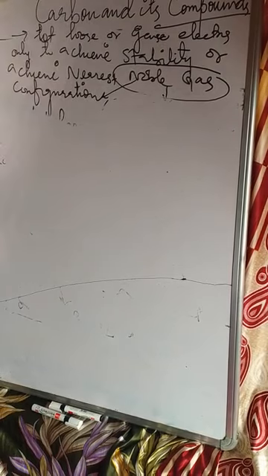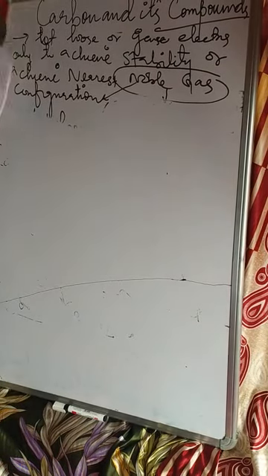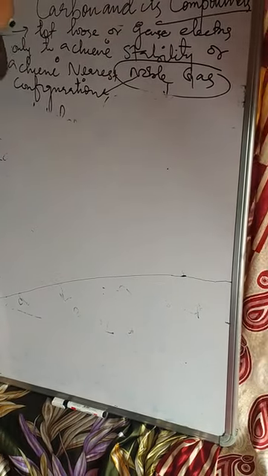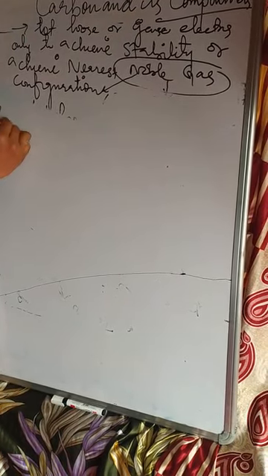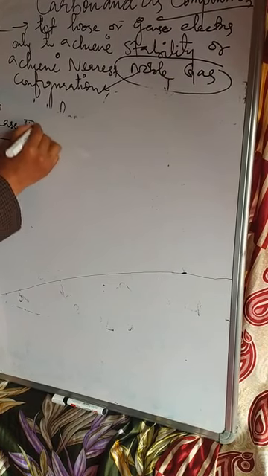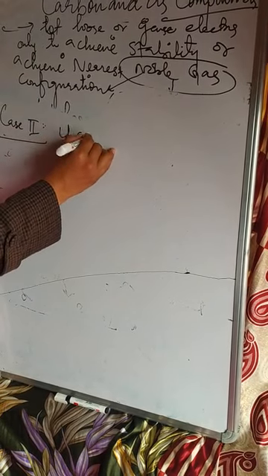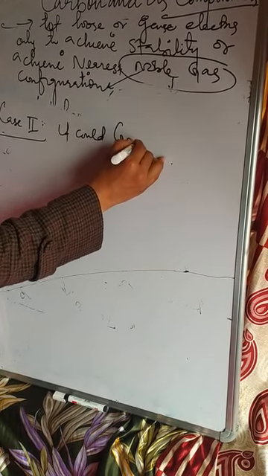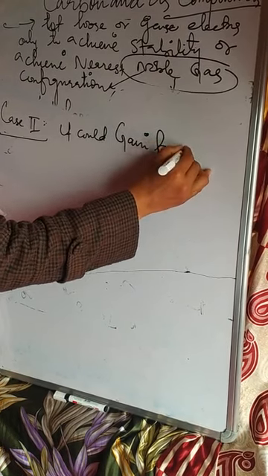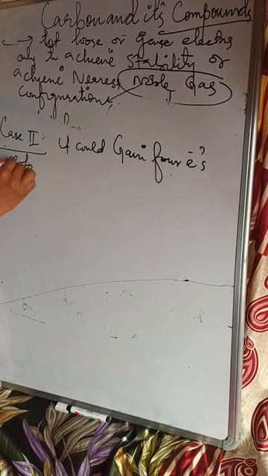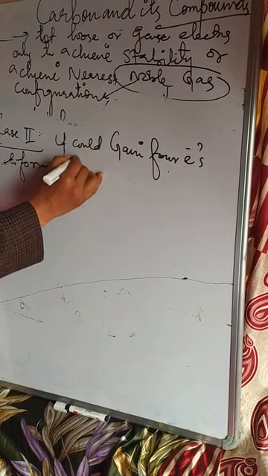Now the second case, case number 2. It could gain 4 electrons to form C4 negative anion.